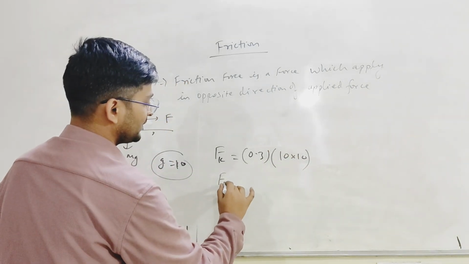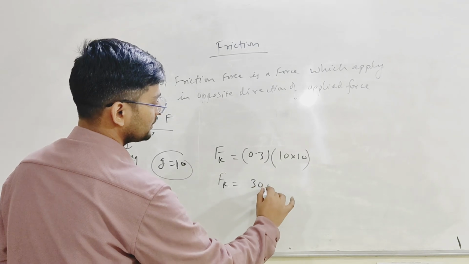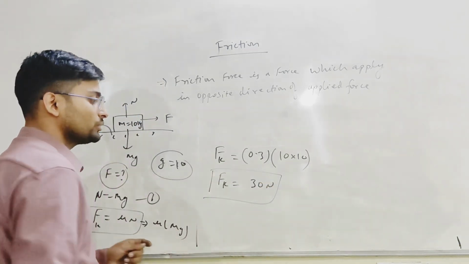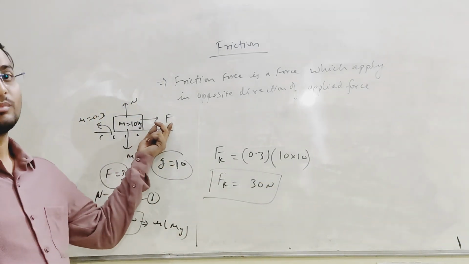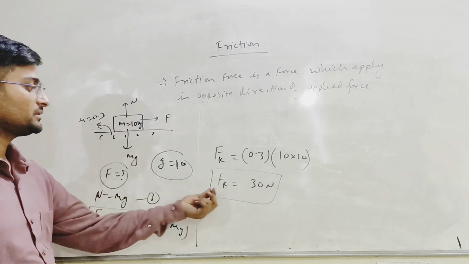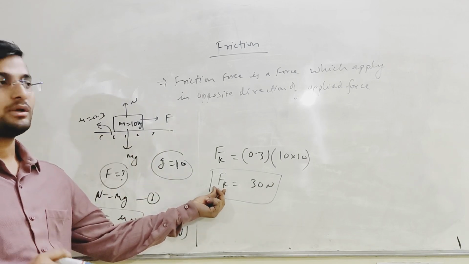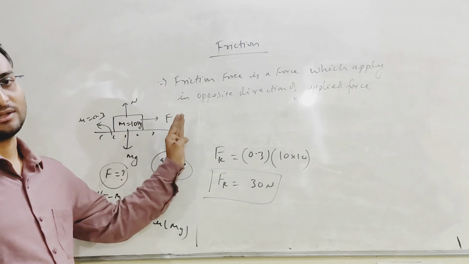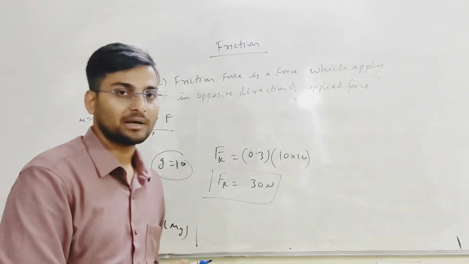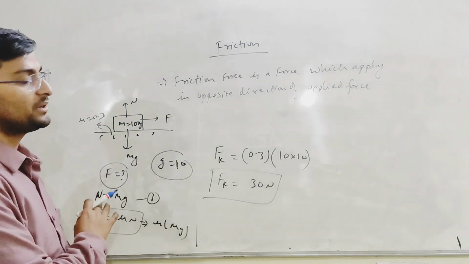It means F kinetic is 30 Newton. This shows that the applied force must be greater than this kinetic friction force, then only this block moves from this place to another place, right? This is a very basic example and very basic explanation about friction.